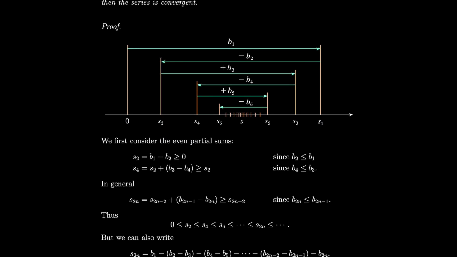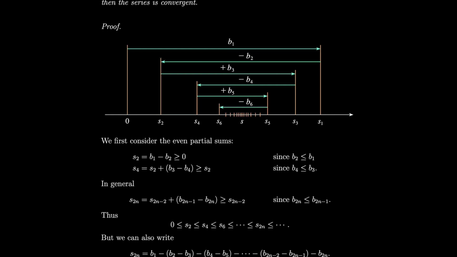So we can write that out as S2 is equal to the first term plus the negative of the second term, because negative B2 is the second term, it's alternating. And then the sum of the first 4 terms is the sum of the first 2 terms plus B3 and then minus B4. And that will be greater than or equal to S2.